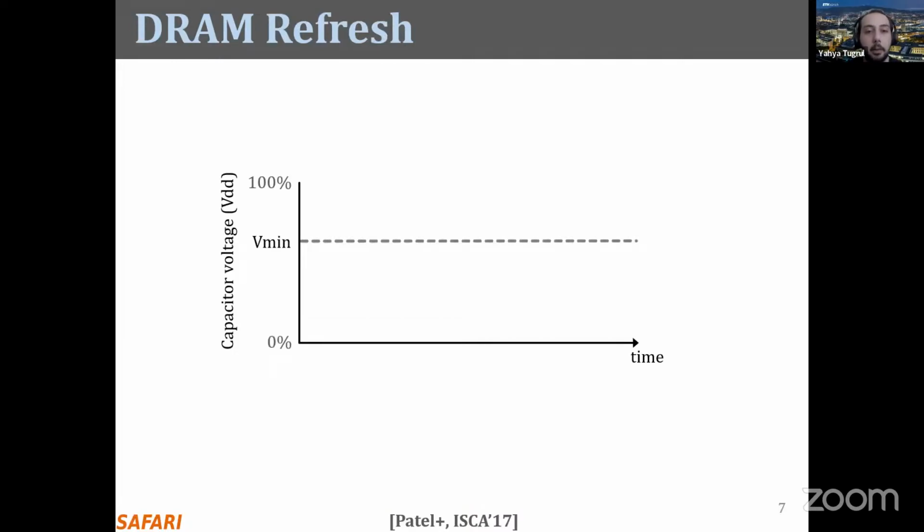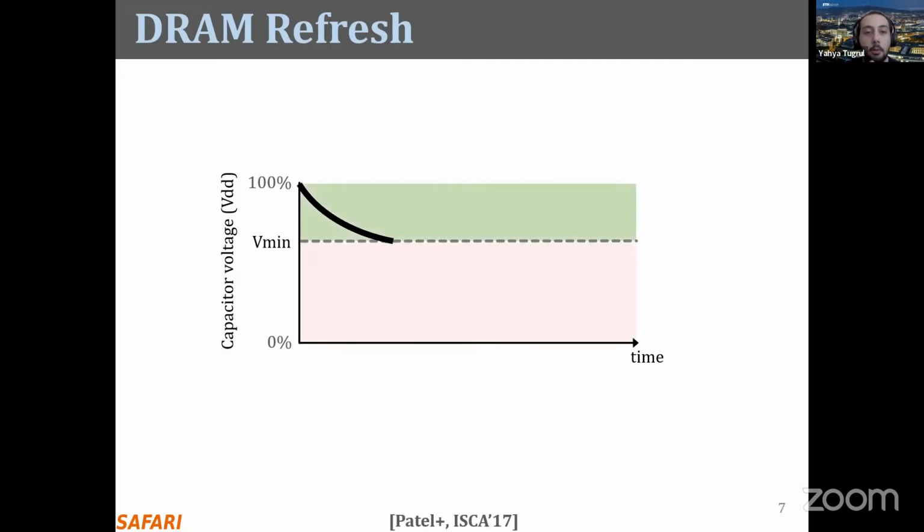This is a simplified diagram of capacitor voltage over time, and we have a threshold called Vmin, under which we can no longer guarantee that the data can be correctly read. As long as our voltage is above this Vmin threshold, we can correctly read the data of the cell, and we call this retention success.